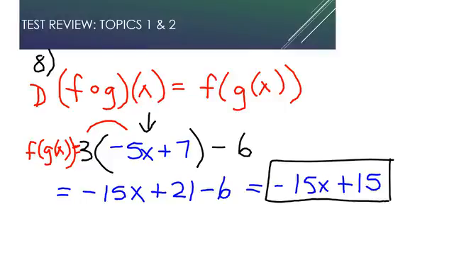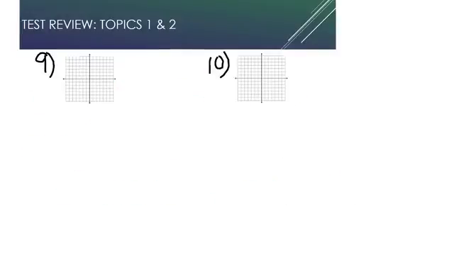And there's my final answer for 8D. Okay, let's do our next problem. In the next problem, it's an absolute value equation that goes right 3 and up 4, about right there. If I go right 3 and up 4, I know this is x equals 3.